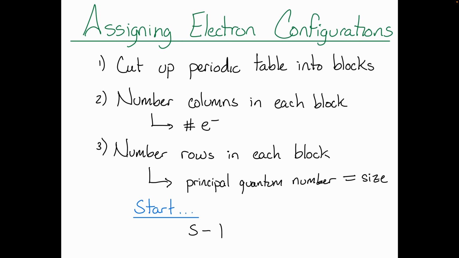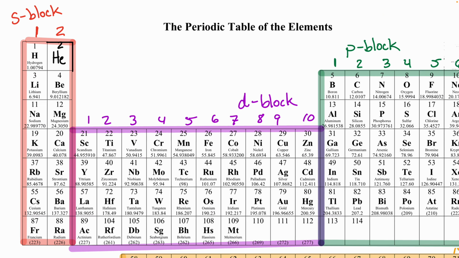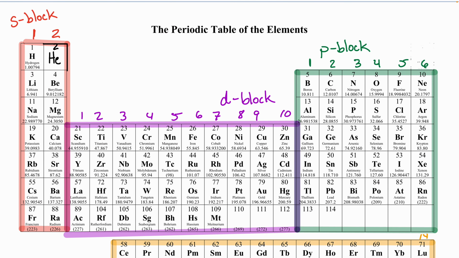All right, so what do I mean by that? If I look at my rows of my S block, I'm going to start numbering from top to bottom here, and I'm just going to start at the number 1. All right, so we got a total of 7 rows in that S block, starting at 1.